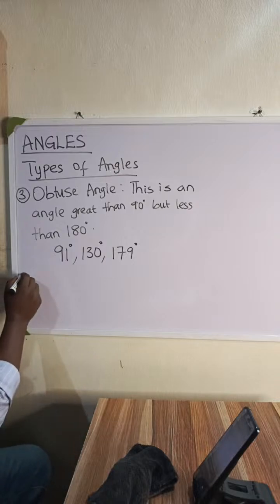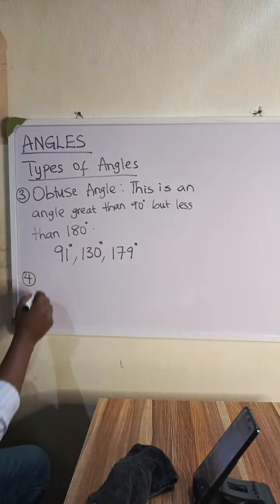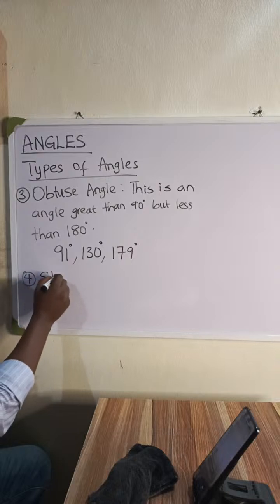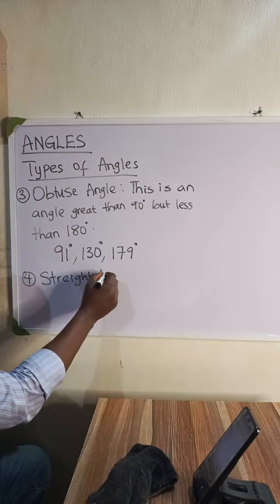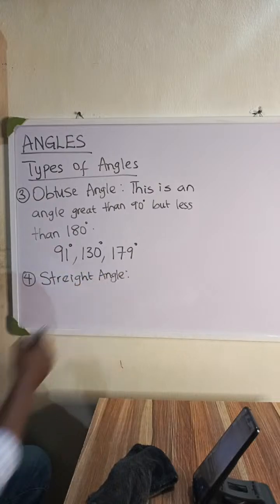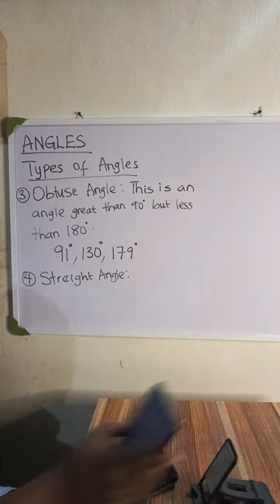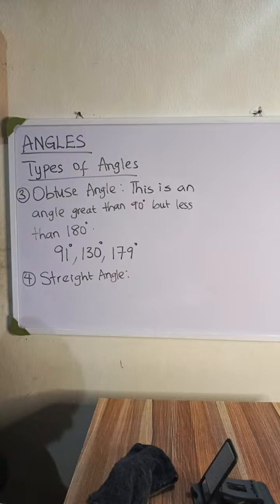The next one, number 4, is the straight angle. A straight angle is an angle that is exactly 180 degrees.